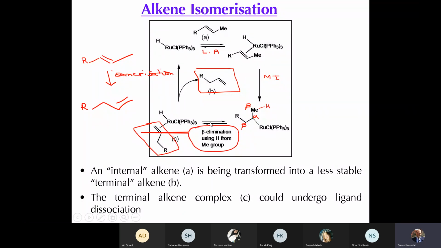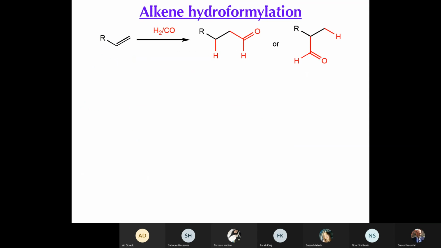So: beta hydride elimination, alkene isomerization; migratory insertion, alkene hydrogenation. We pass to the third mechanism, which is the alkene hydroformylation.